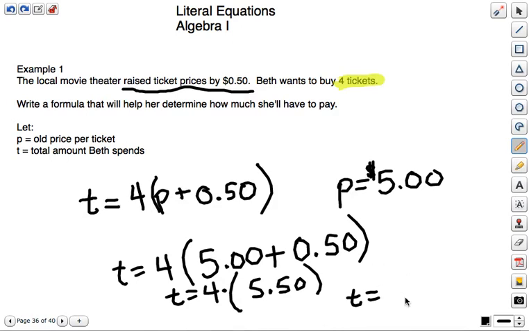You will get $22. Okay, so that would be how much Beth would spend at the movies if the original price was $5 and they raised ticket prices by 50 cents.